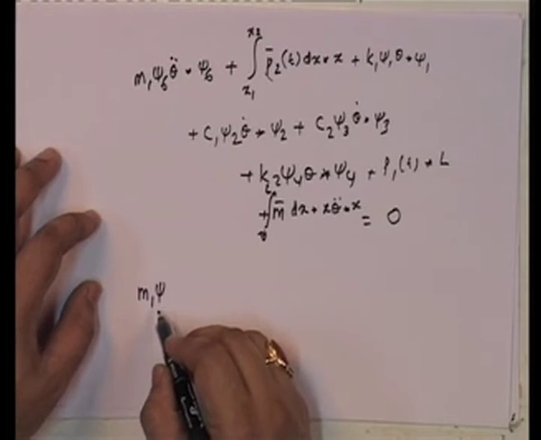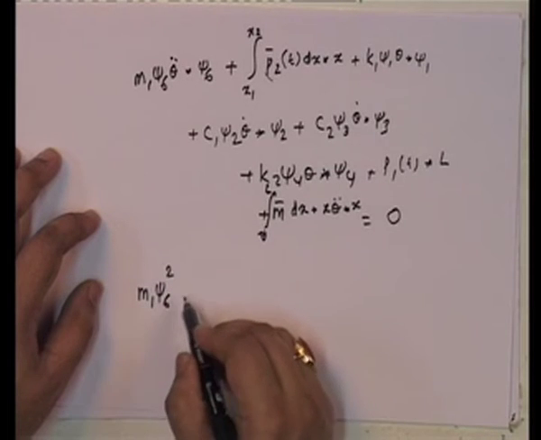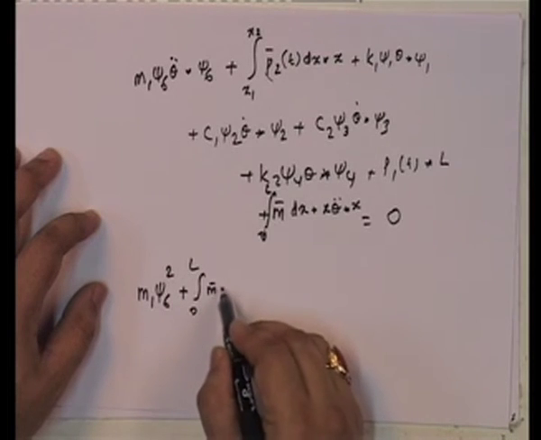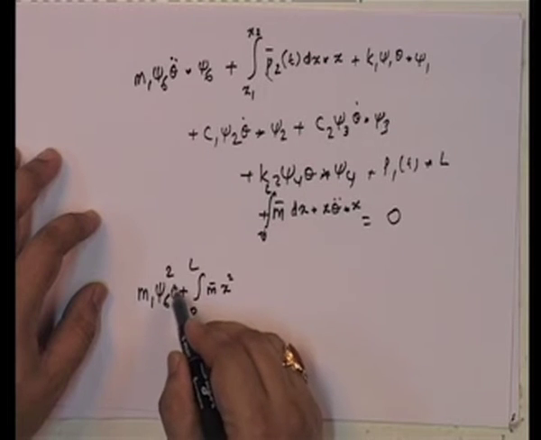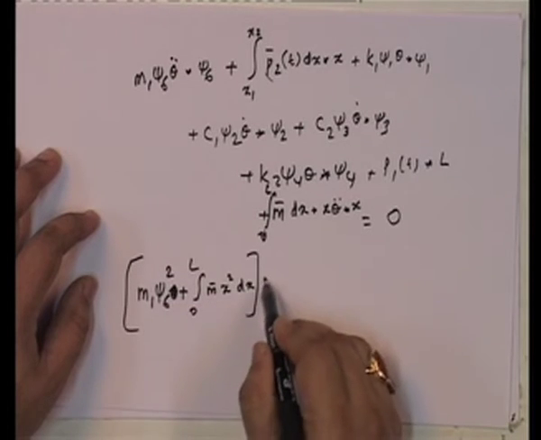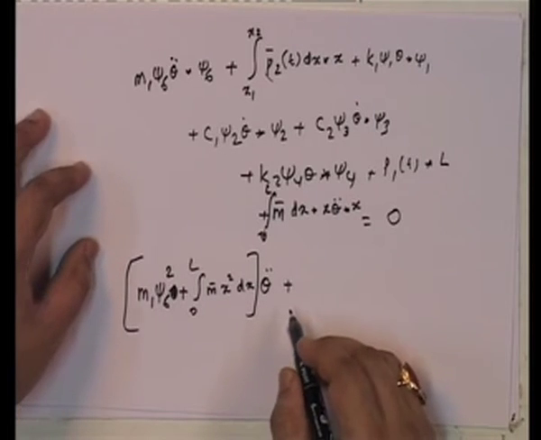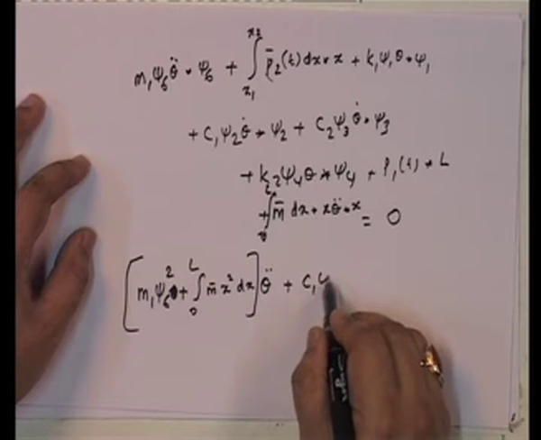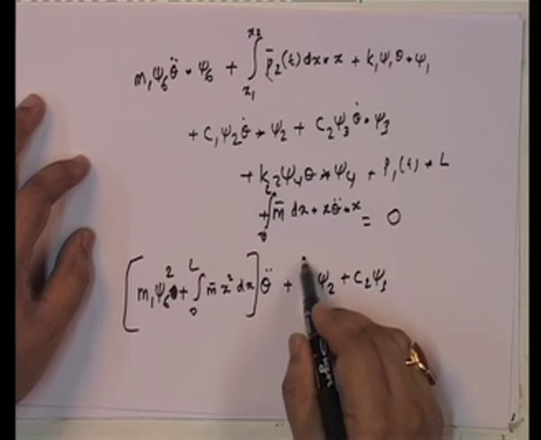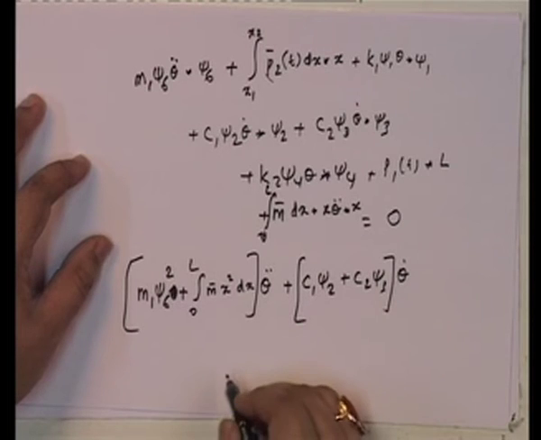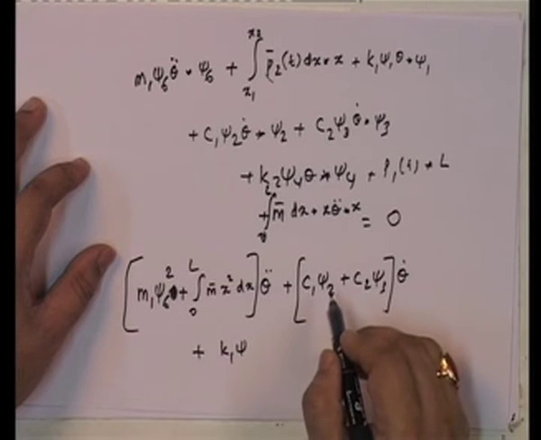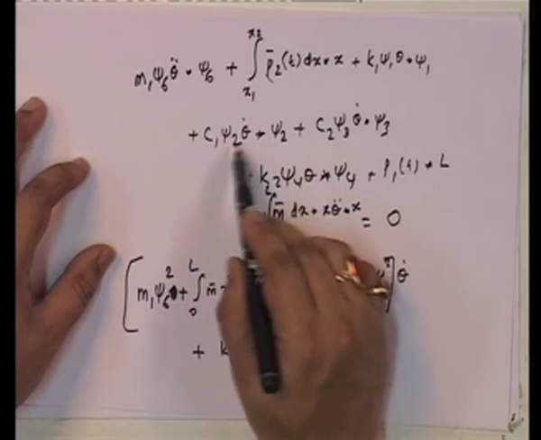So, what I have then, putting down all the respective ones together, is 0 to L m bar x squared, wait, let me take this out, m bar theta, this into theta double dot plus C1 y2 plus C2 y3 squared into theta dot plus K1, sorry, this is squared and this is squared, xi2, xi2, xi3, xi3.